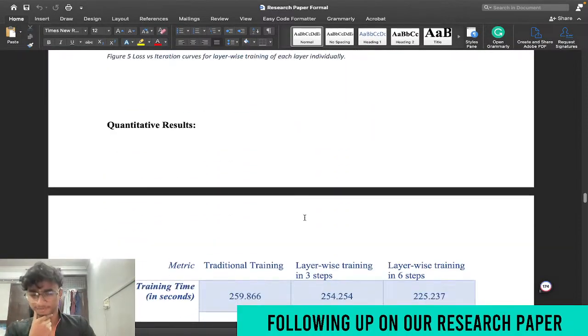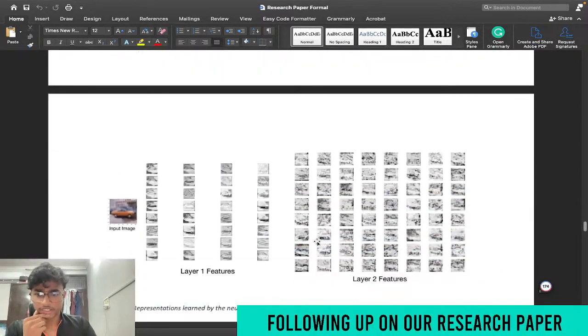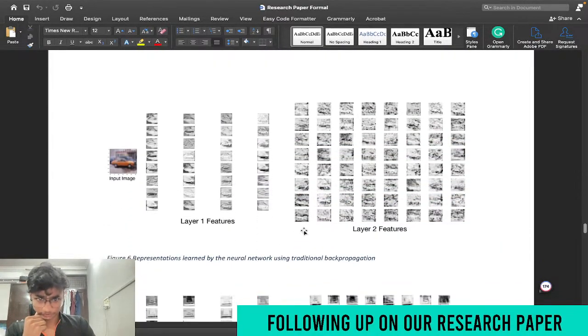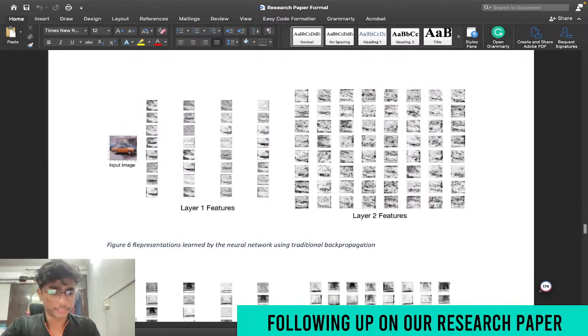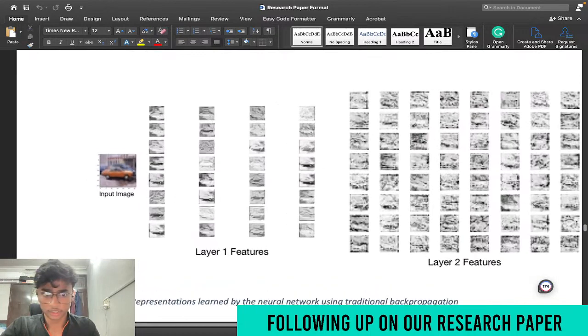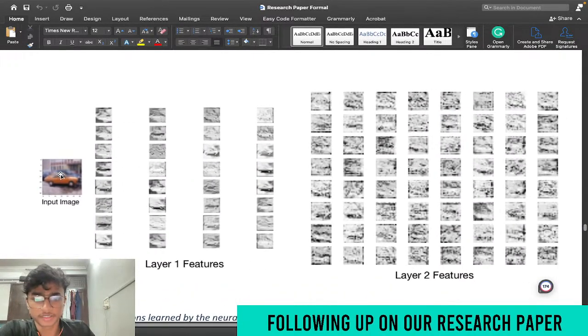Other than that, these were the training time results, and there was one more interesting result that I wanted to show. When we train in the traditional form, for a classification task, the input image is this, and the layer 1 features look somewhat like this. You can easily interpret there is a car, there are just different shadings of it. It is trying to detect different edges in it.